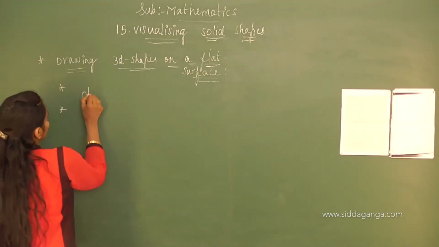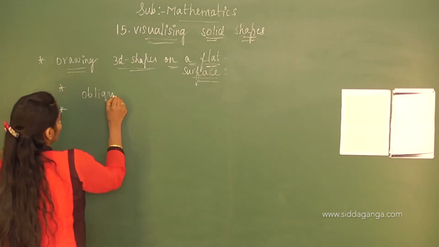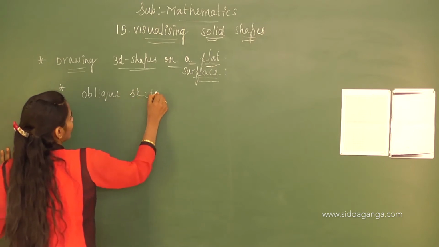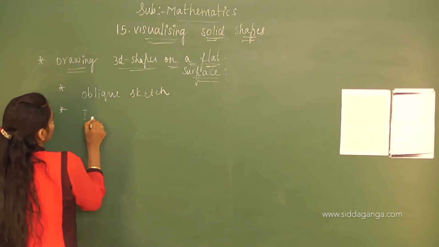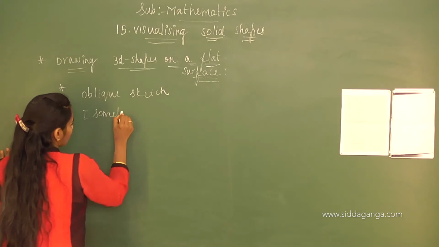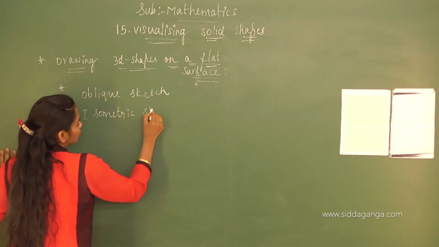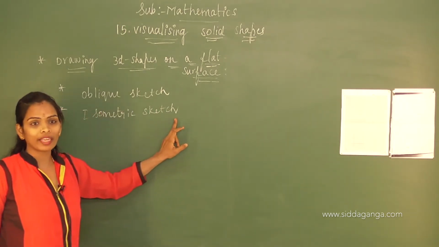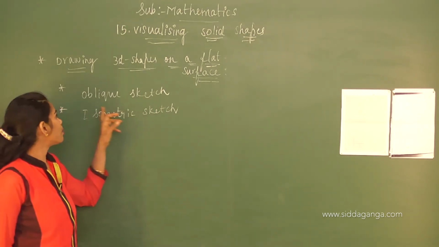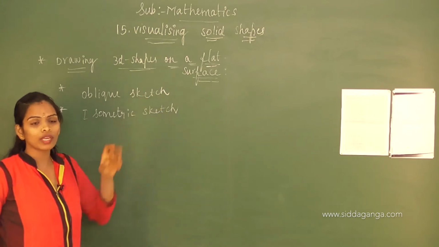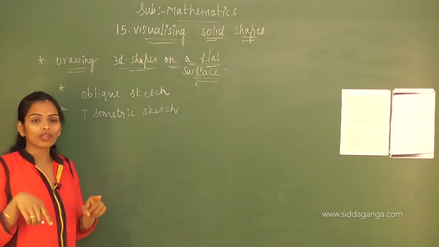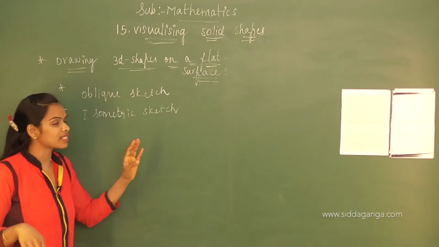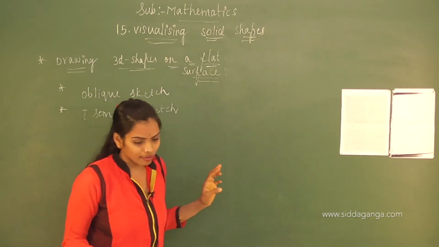One is the oblique sketch, and the second is the isometric sketch. In an isometric sketch we use isometric dot paper, and in an oblique sketch we use box exercise paper, square paper, or here I am using graph paper.